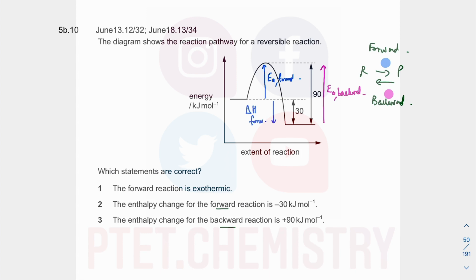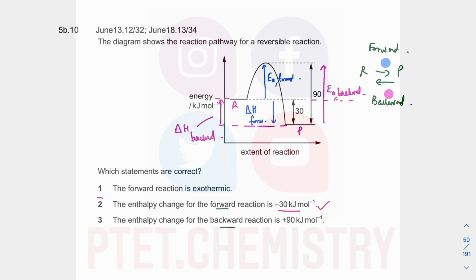And this is your product, this is your reactant. So going this way, that way, going upward, that is your enthalpy change of the backward reaction from your product to your reactants.